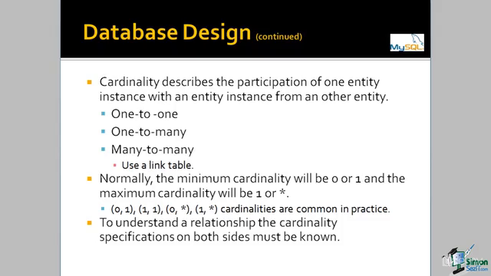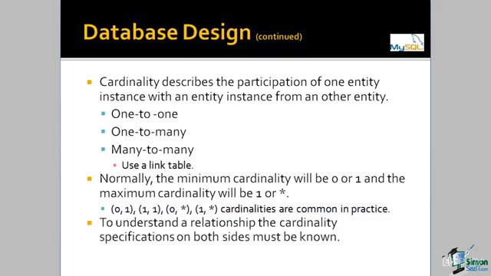Cardinality refers to how entities relate to one another. Either there is a one-to-one relationship between entities, a one-to-many relationship, or a many-to-many relationship. For example, for a one-to-one relationship, we have a table named person, and we have another table that is related to that person table, say spouse.